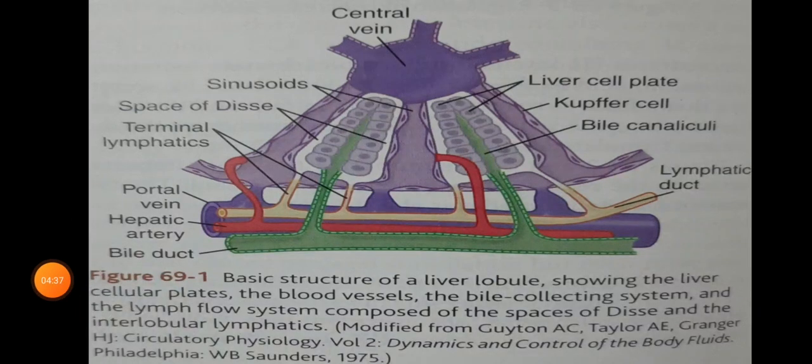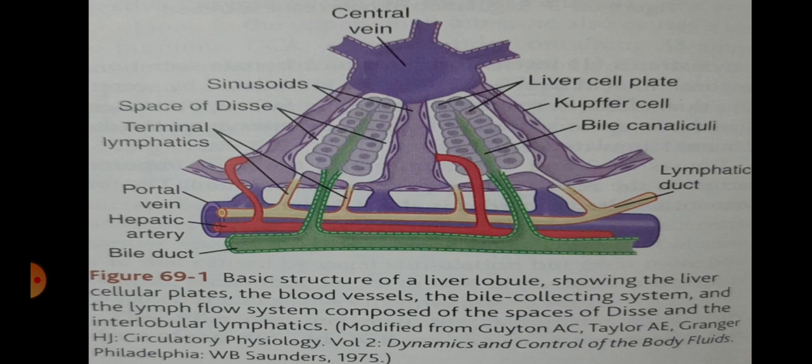Hepatic arterioles are also present in the interlobular septa.